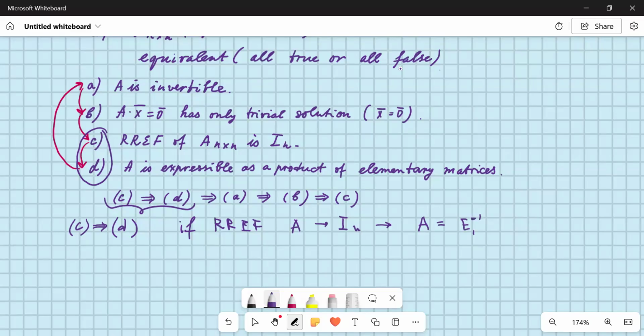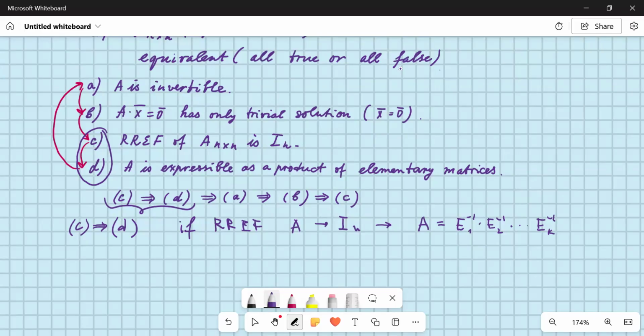Oh, sorry. Let me write it down one more time. A: E1 inverse, E2 inverse, and eventually Ek inverse, right? Well, we just proved this, so I'm not planning to prove it a second time.